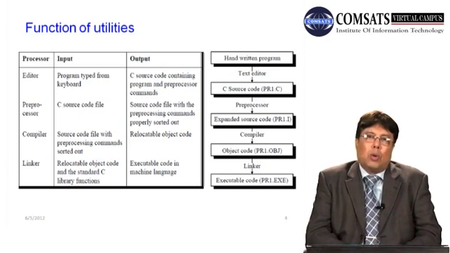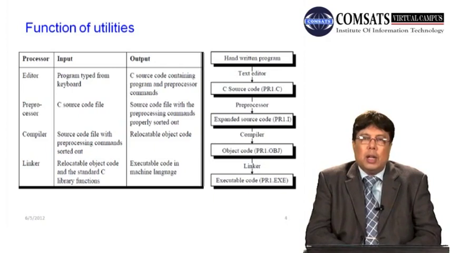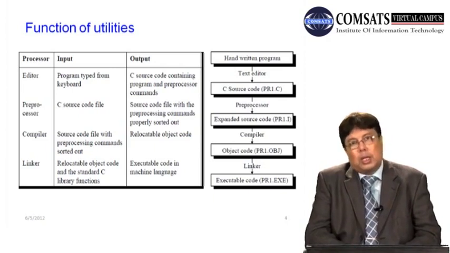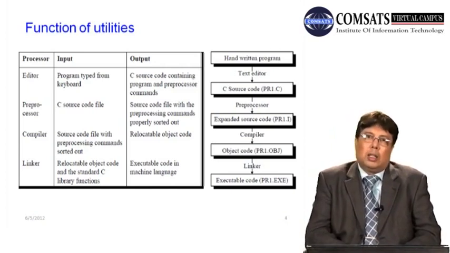When we build the source code, in step number 1, there is a utility called the preprocessor. This preprocessor utility picks up the source code that you have produced by using the editor, and the output of the editor is a file, whatever file name you have given to it, .cpp or .c, confirming that it is the source code.